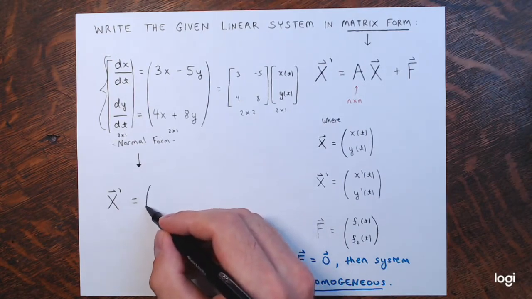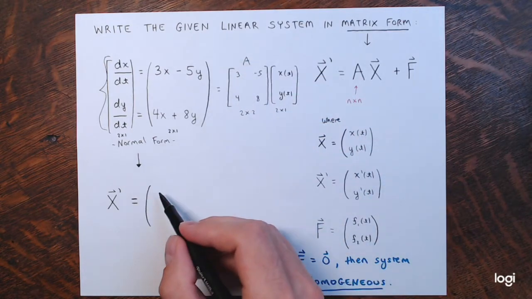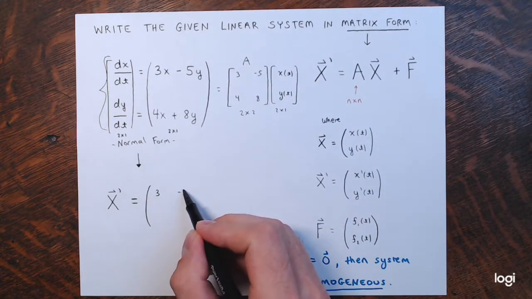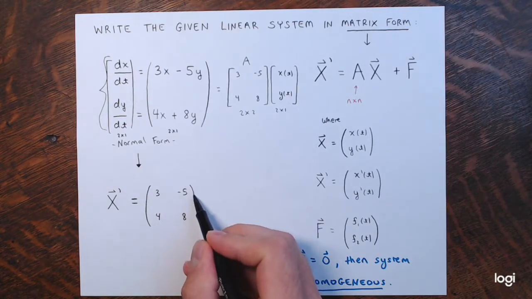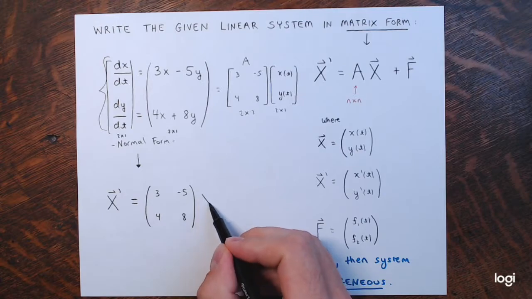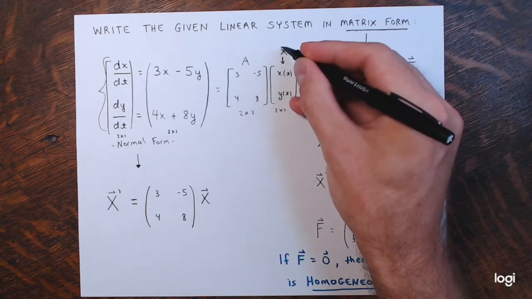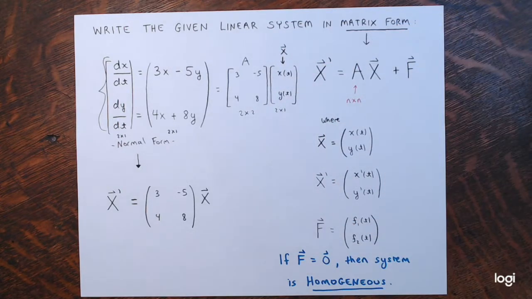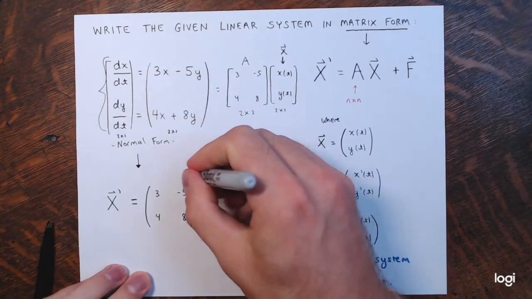So I'd write this as: this is my matrix A, with the coefficients 3, negative 5 for the first row, 4, 8 for the second row, and then times vector x. Again, this is the vector consisting of the unknown functions in the system, x of t and y of t, in that order. And that's it. There's nothing else accounted for here.